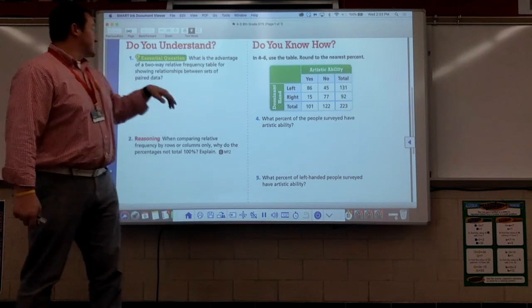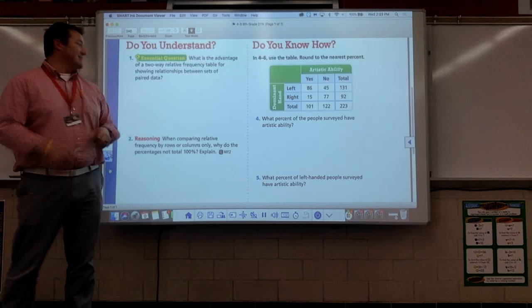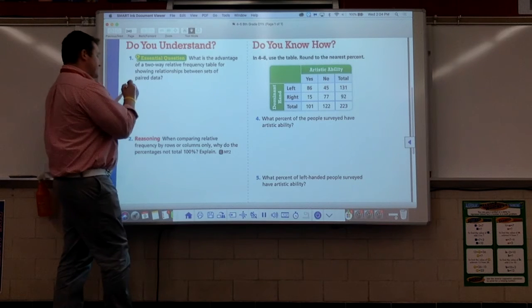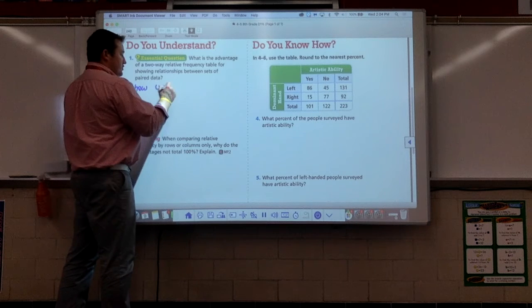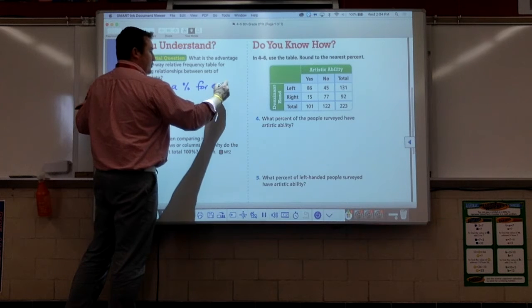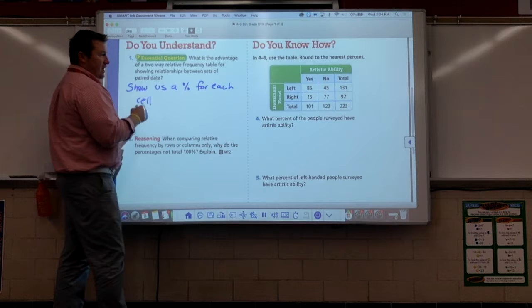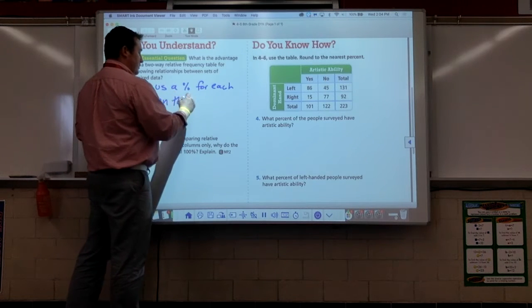What is the advantage of a two-way relative frequency table for showing relationships between sets of paired data? I would say the advantage, guys, is that they show us a percent for each cell on the table.